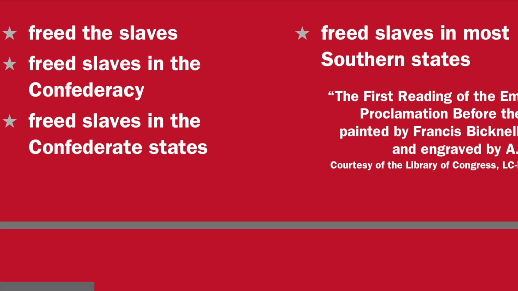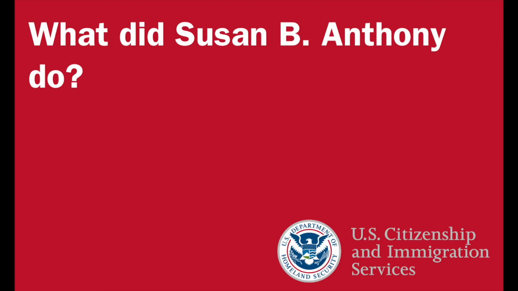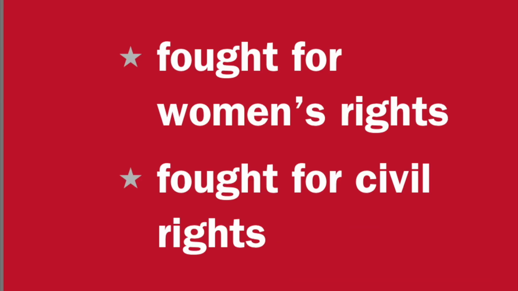Freed the slaves, freed slaves in the Confederacy, freed slaves in the Confederate States, freed slaves in most southern states. What did Susan B. Anthony do? Fought for women's rights, fought for civil rights.